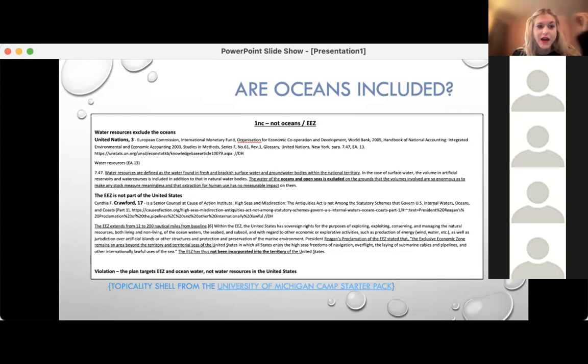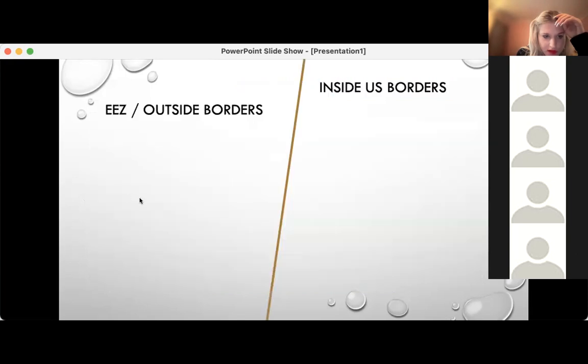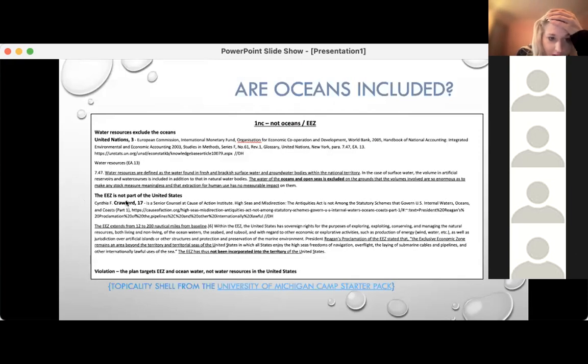There's a general consensus that this topic is about fresh water. If you look at this example down here, the second card, the Crawford '17 card, this would be the tag: the EEZ is not part of the United States. EEZ is the exclusive economic zone. I'll show you a picture of it in a minute, but it's a regulation that defends the 200 miles outside of the border of the United States, from where the land transitions to ocean and then 200 miles out, as sort of the territory of the United States.